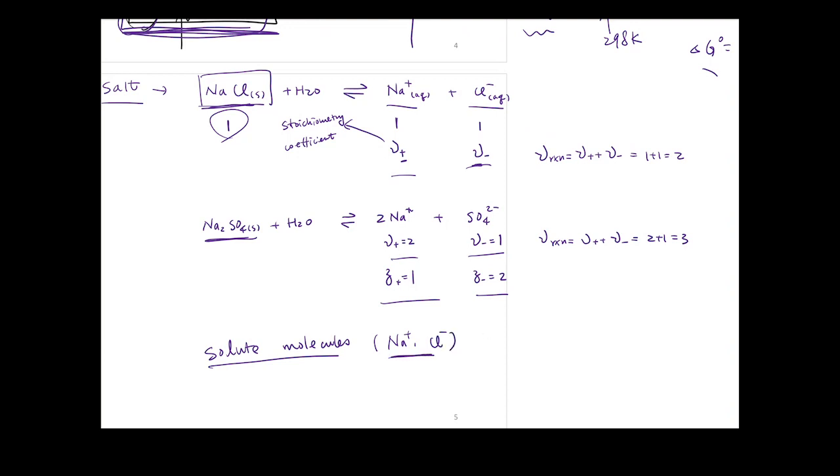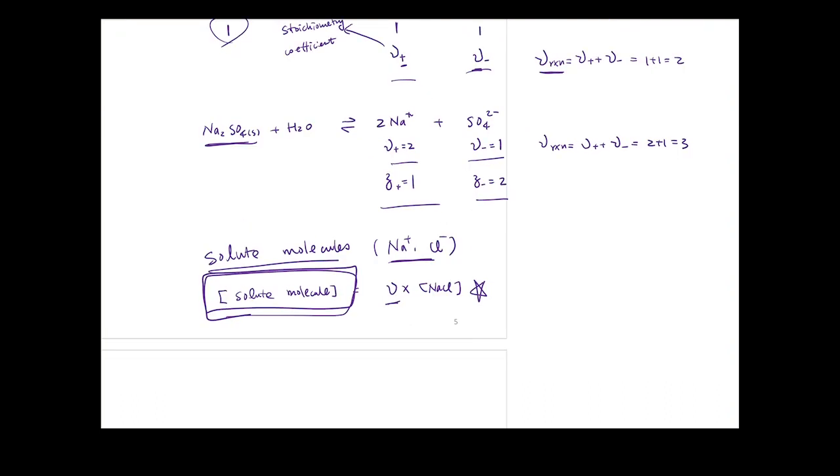In other words, if you want to know the concentration of your solute molecules, it will equal the concentration of your original solute multiplied by your mu. So this will equal mu times the original concentration of your sodium chloride. The concentration of your solute molecules is the effective concentration you should use for your calculation.